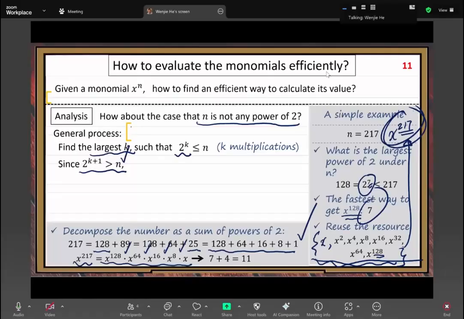Next, based on this inequality, you can get this inequality: n is less than or equal to 2 to the k plus 1 minus 1. Why? It's very simple. Here your inequality is strictly greater than. You compare 2 integers. The left-hand side, 2 to the k plus 1, is an integer. The right-hand side, n, is another integer.